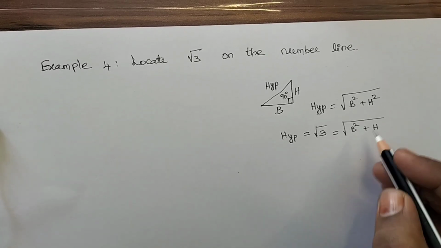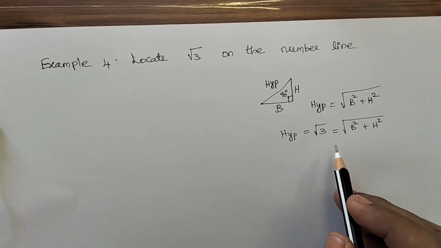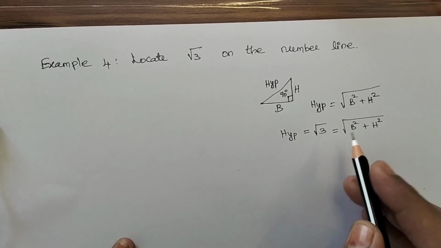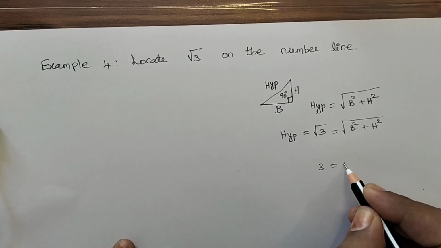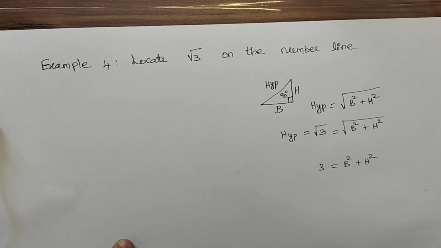First let me find base square and height square. For that, we need to write 3 as base square plus height square.